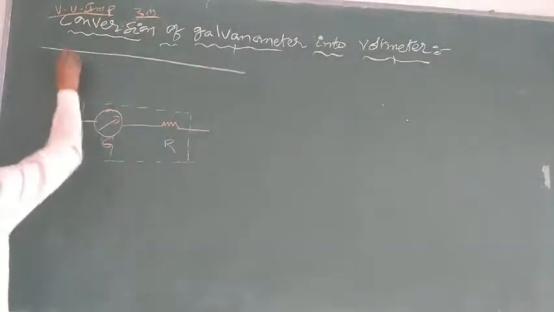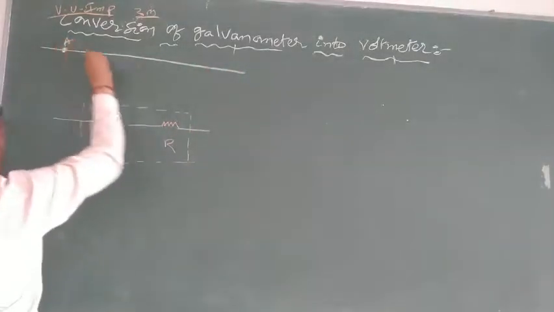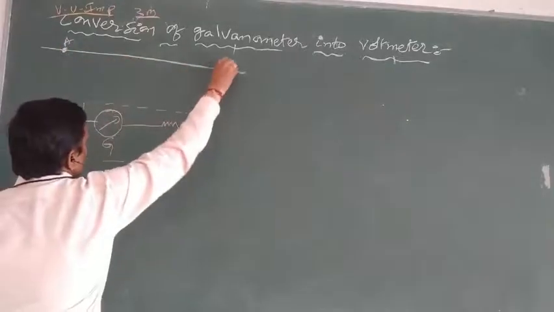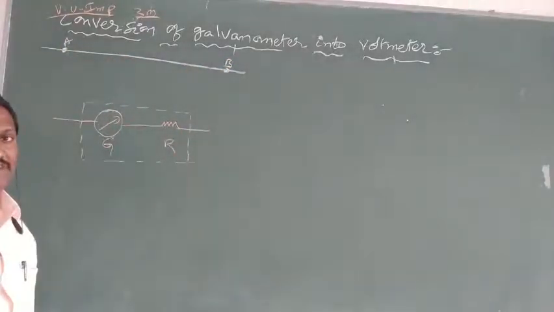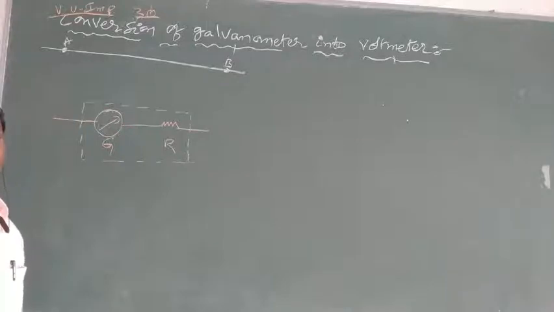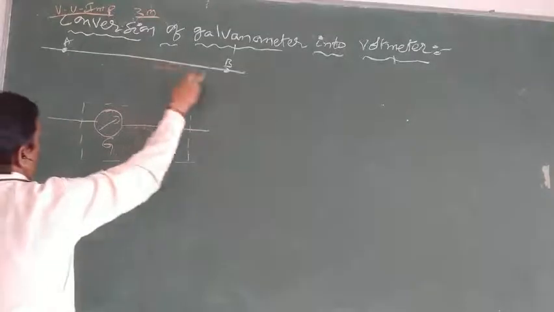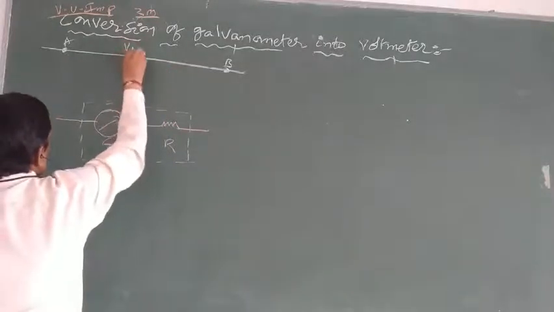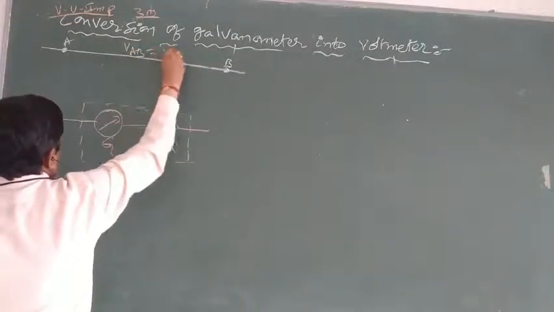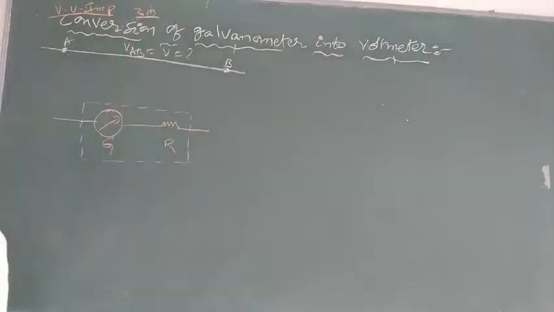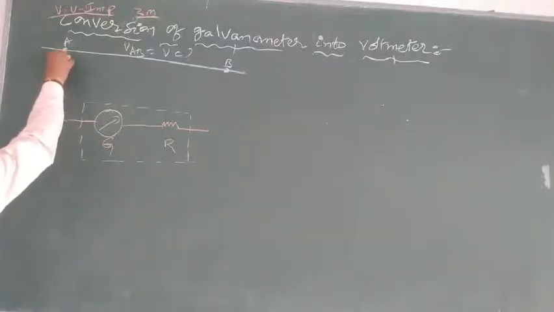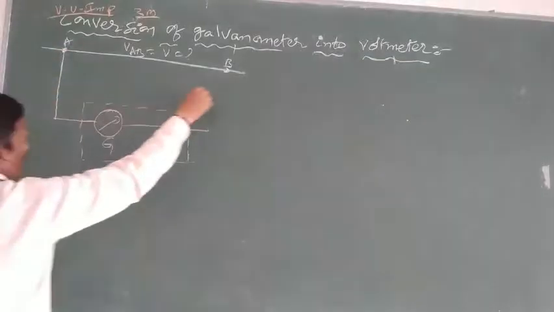With the help of a voltmeter, we can measure the potential difference between 2 points. For example, A is the first point, B is the second point. Assume the potential difference between the 2 points A and B is named VAB, and it is also taken as V. We want to find out the potential difference between points A and B. The voltmeter is always connected parallel to these points.